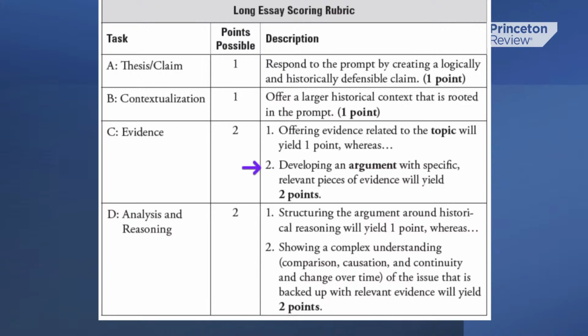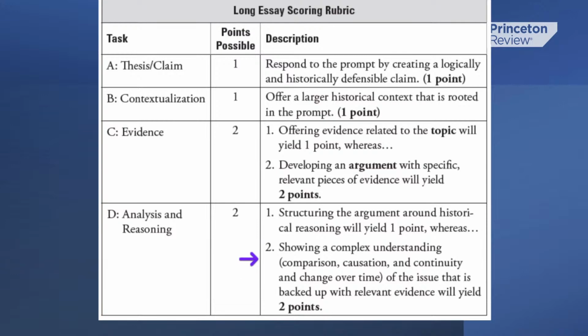I would suggest 3 pieces of evidence, although it doesn't specifically say in the rubric how many pieces you need, but I think 3 is a good number. Because that way, if maybe one of your points is a little weak, hopefully the other one will be stronger, and it just makes your overall essay better. You can score up to 2 points by showing a complex understanding of the issue.